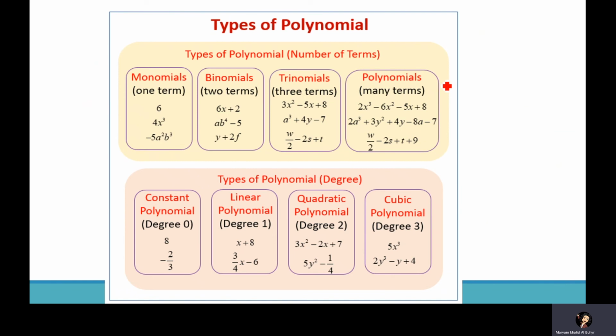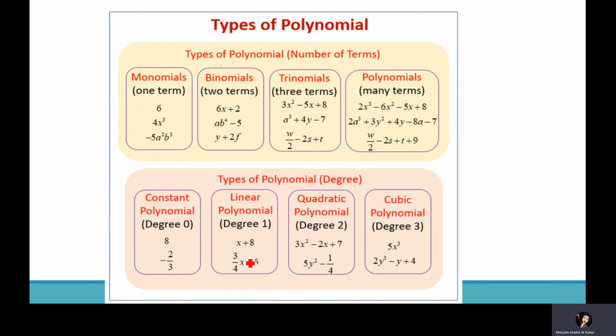Polynomials in general are what you have when you have many terms, more than 3 terms. So overall, these are types of polynomial. Once you classify the polynomial according to the degree, the 0 degree is the constant, any number like this alone. If you have a linear polynomial like this, that will always be degree 1.